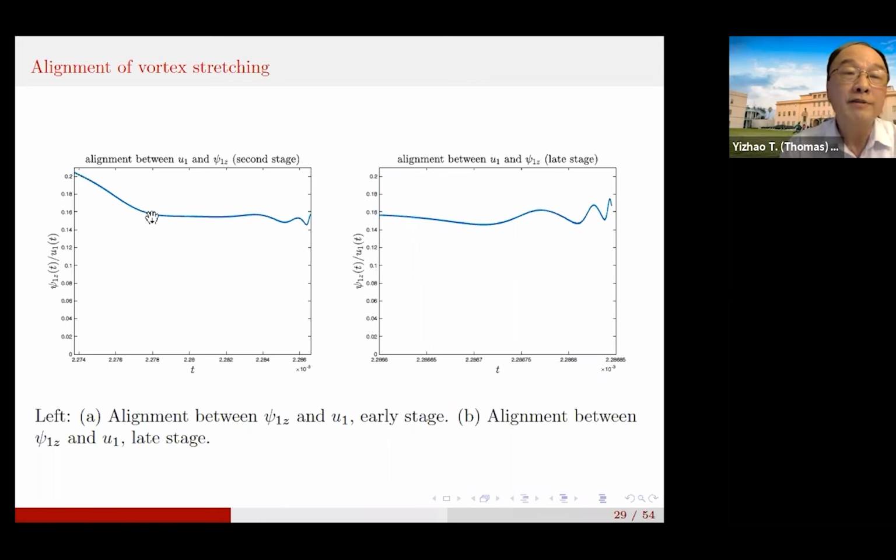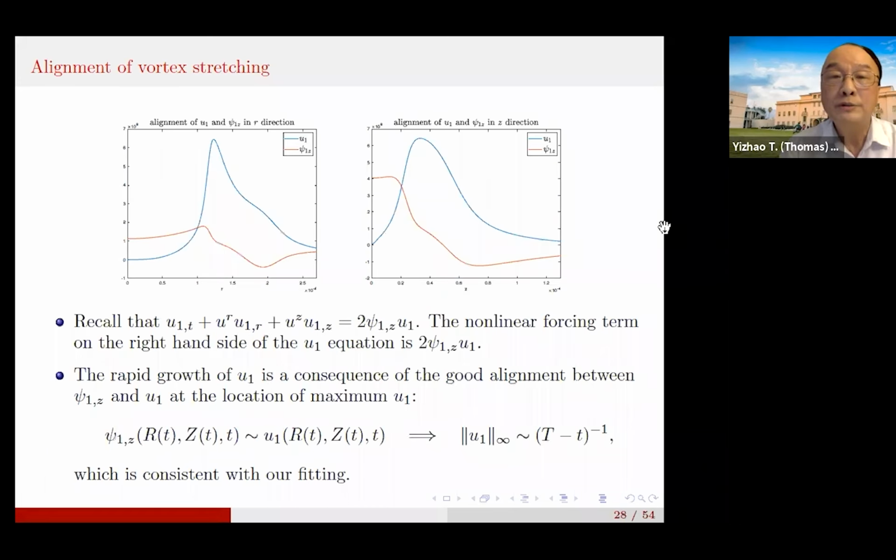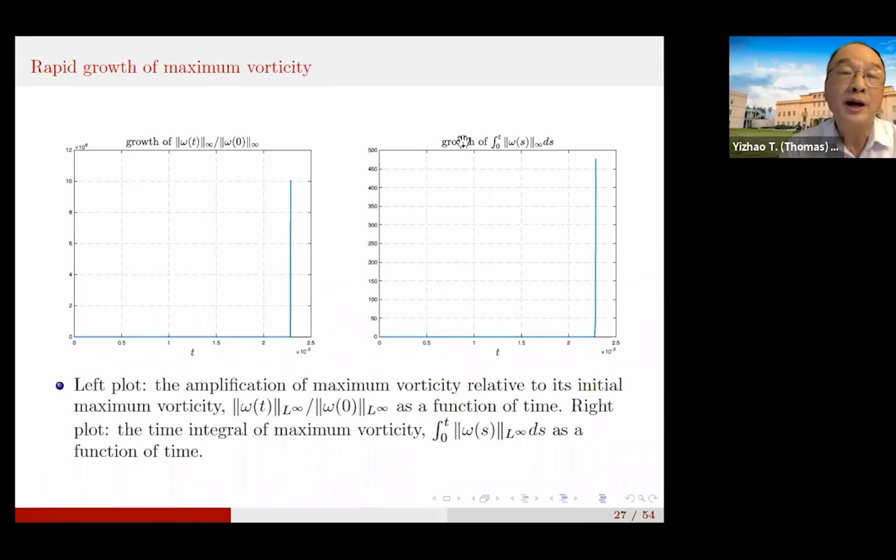You can see it stays almost the same order for a very, very long time. This is the early stage and the late stage. So this is the reason why we can get such a high amplification. For the Euler equation, I can only get to 5,000 amplification, which is already a lot for the Euler equation. But for Navier-Stokes, I can get 10 to the power 7.